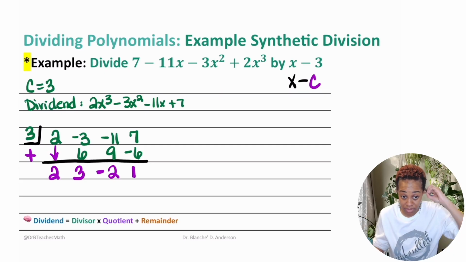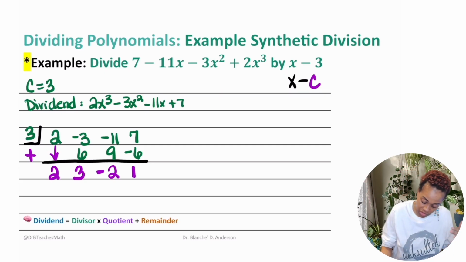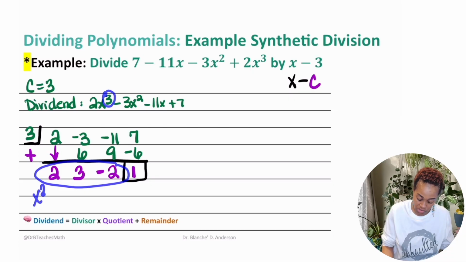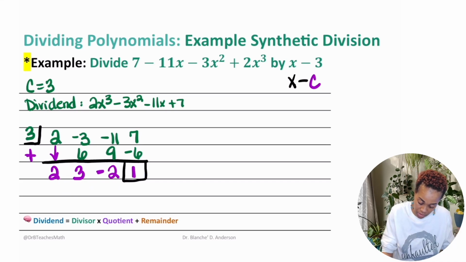So I know that I'm done. The last spot is always going to be the remainder. Okay, so I'm going to box that. That's the remainder. And because my dividend started with x cubed, when I rewrite this, it's going to start with x squared. So this represents the x squared, the x, and then the constant, and then this is your remainder. Now when I rewrite this, I'm going to do it down here.